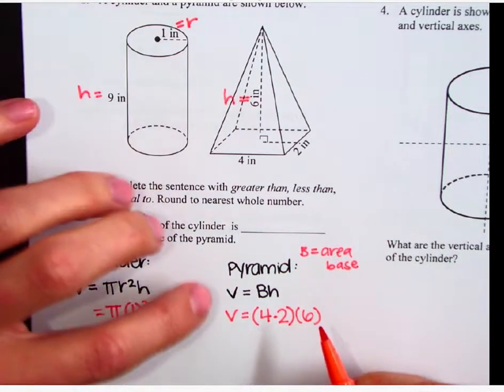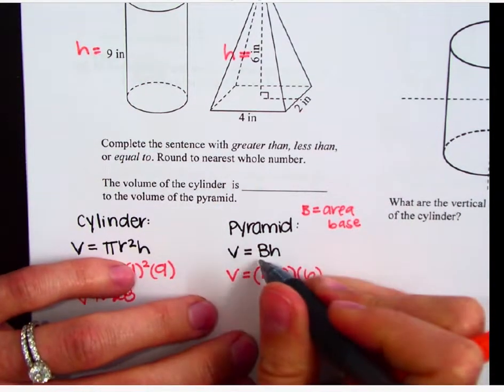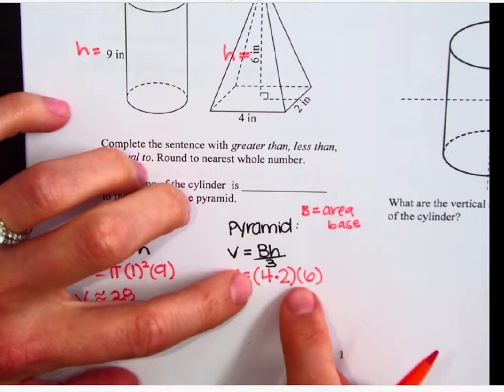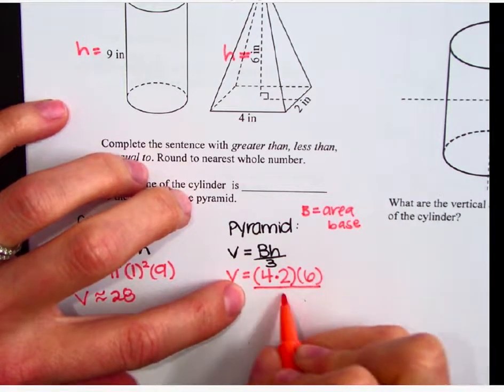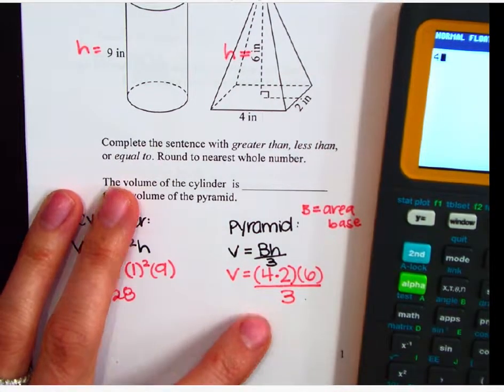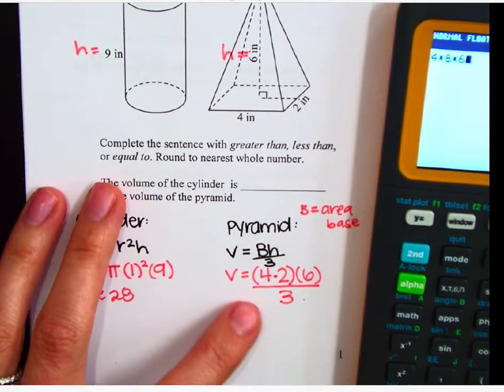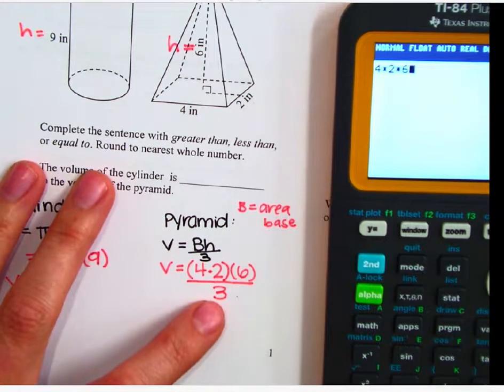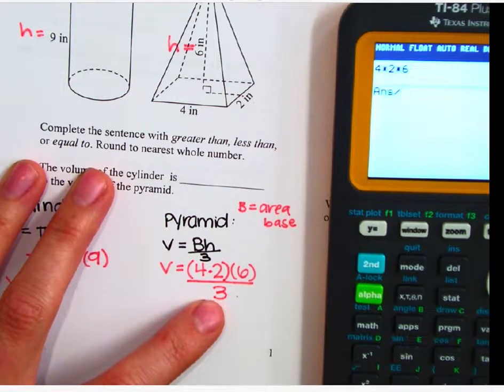So I am, you guys, in the formula, I totally made a mistake. We need to definitely always divide by 3. So once we multiply the area of the base with the height, we divide by 3. So I'm going to put that in my calculator. 4 times 2 times 6, and we are dividing that by 3.